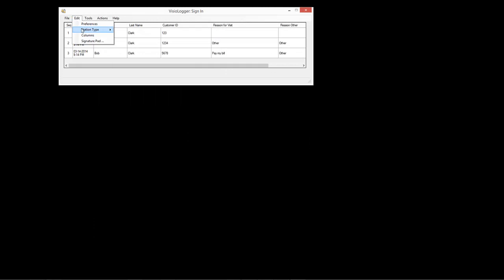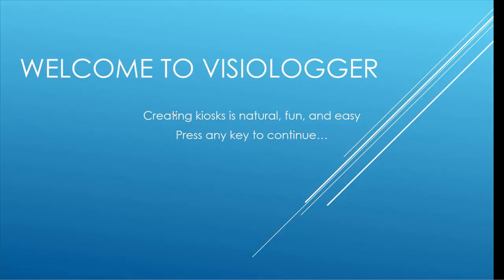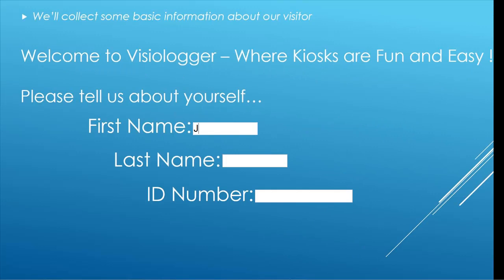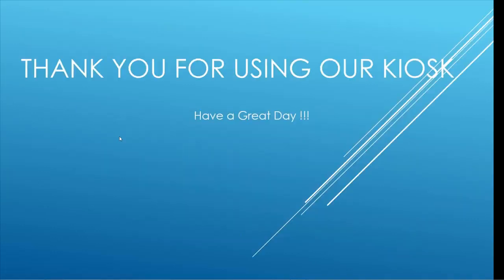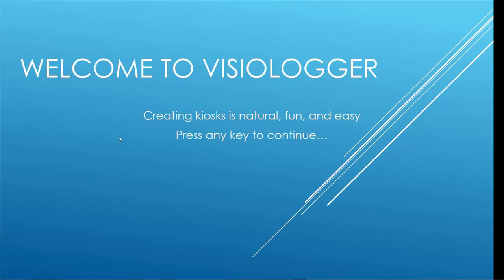Now let's run VisioLogger one more time in kiosk mode. I'll say Jane Clark 6789. What are you here for? Pay my bill. It goes right to the epilogue screen. And if I had said I'm here for other, it would have gone to then state the reason for other.